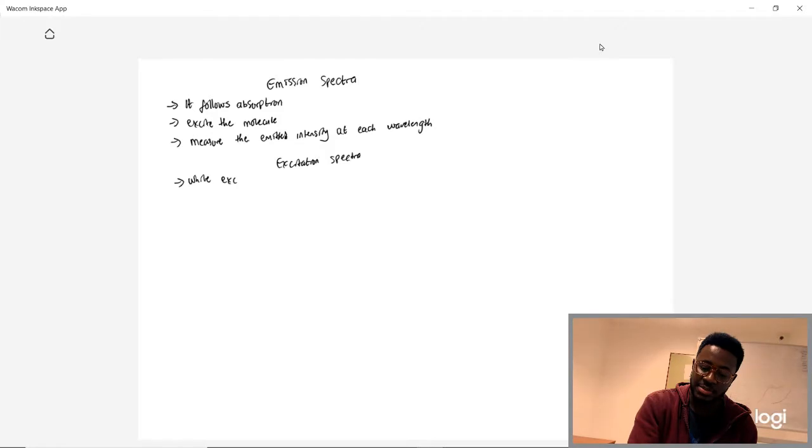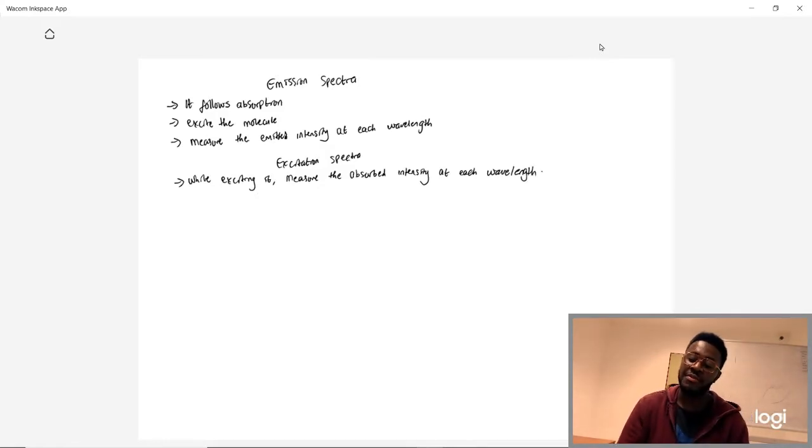While excited, measure the absorbed intensity at each wavelength. Okay, let's guess. Which one do you use a photometer for? Which one do you use a fluorometer for? What is a photometer? A photometer is used to measure transmitted light. Exactly. We use the transmitted light to measure the absorption.